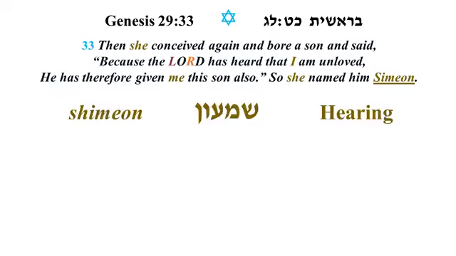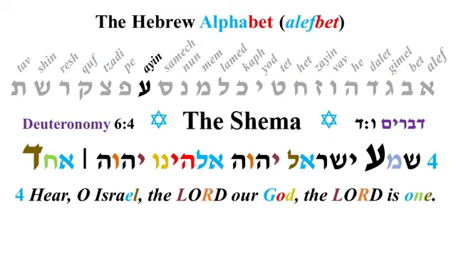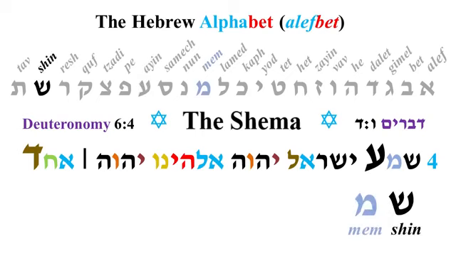And we have a very famous verse in Deuteronomy chapter 6, verse 4. The Jews call it the Shema, because the first word of this verse is Shema. And what's clever about the Shema here is, here's a picture of it. Notice the first word, Shema, is Shin Mem Ayin.